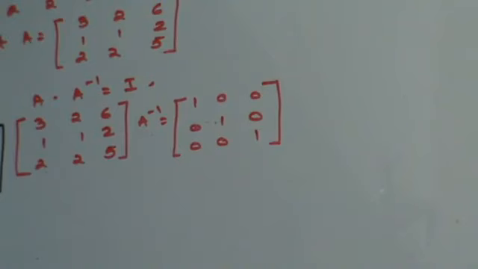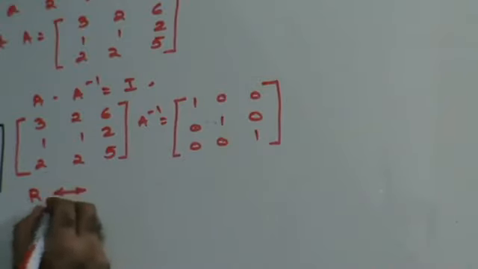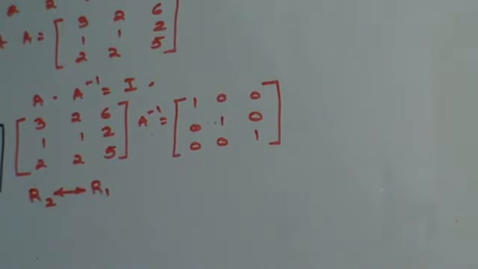Right? Now remember the method. The number in position 1 has to be 1. Right? There are multiple ways in which I can do it. Either I can do R1 minus twice R2, but I am not very good with my subtraction. So what I'm going to do is just interchange R2 and R1. It is not necessary that you follow this method. There are multiple ways of doing this. How will I get one?